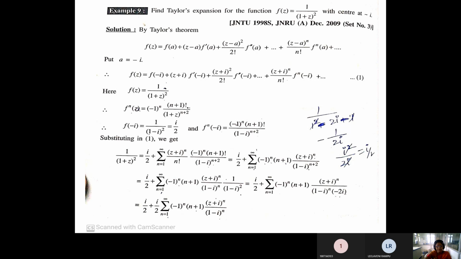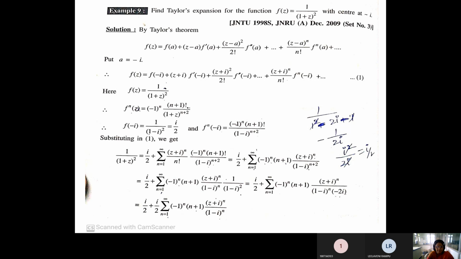Now we have to find f dash minus i, f double dash minus i, f n of minus i. For that, first we have to go for differentiation. F of z equal to 1 by 1 plus z whole square. What is f dash z? Differentiating, it is minus 2 by 1 plus z whole cube into 1.